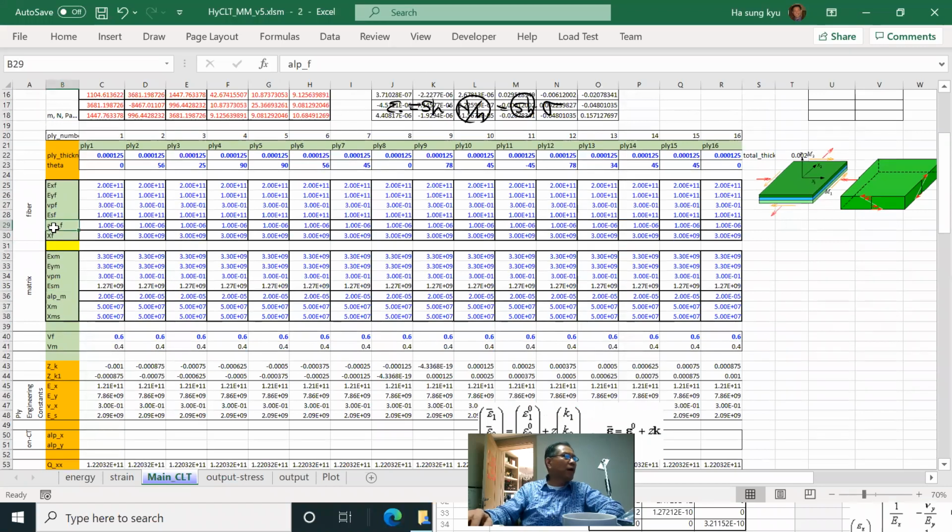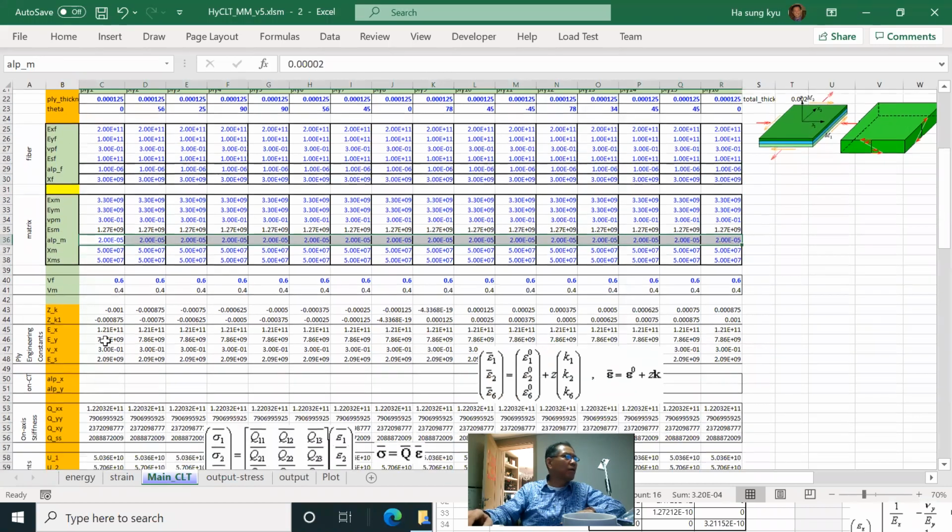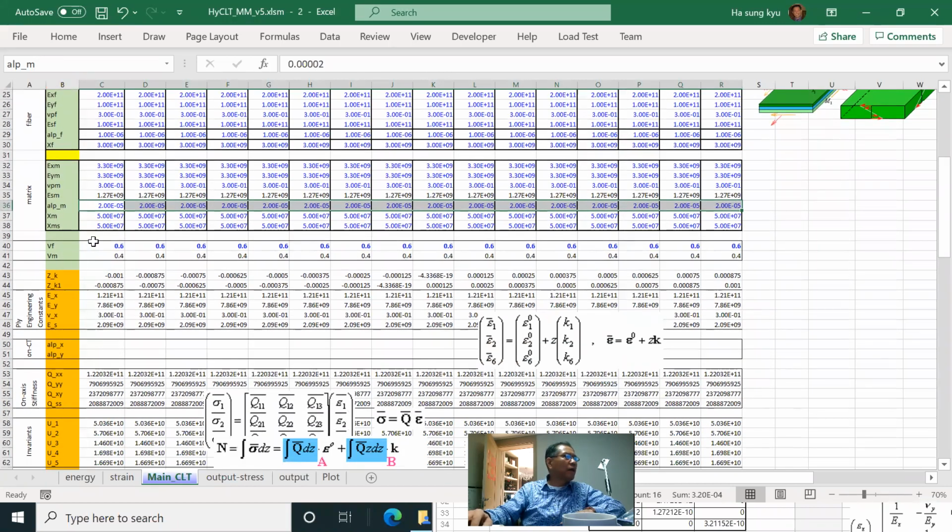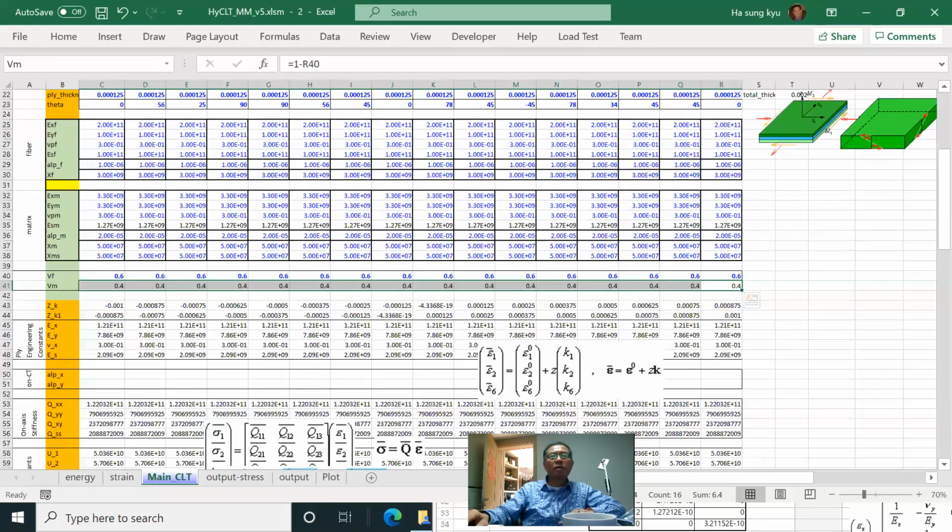Now we do have an alpha y here, and also alpha m. Let's double check it has the proper name, alpha f and alpha m, and this is the VF, and VM, and everything is given.